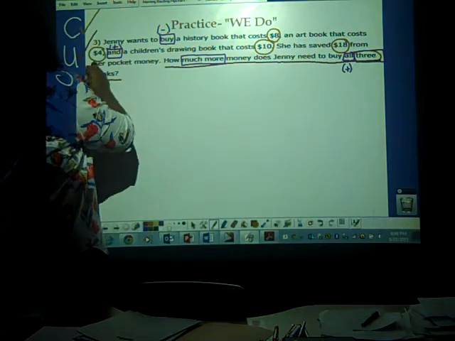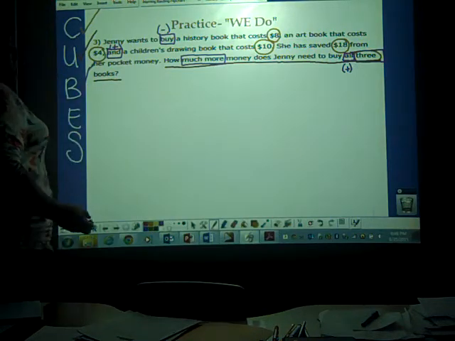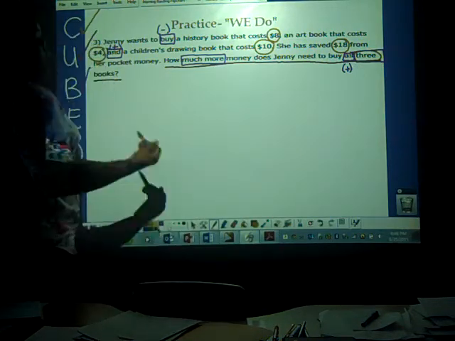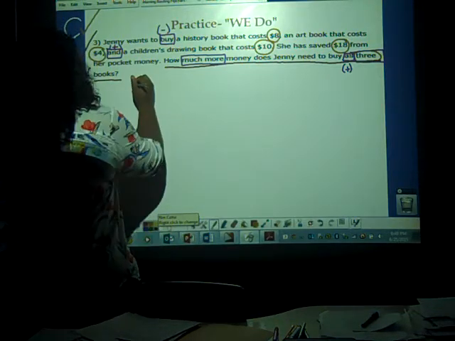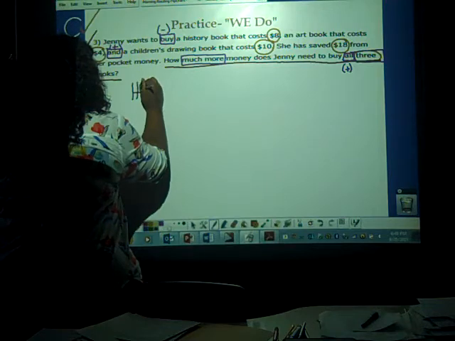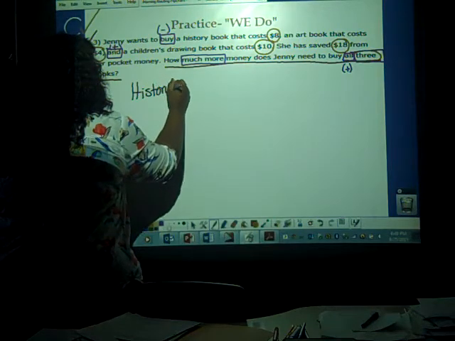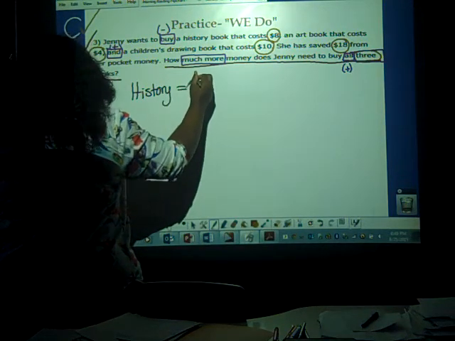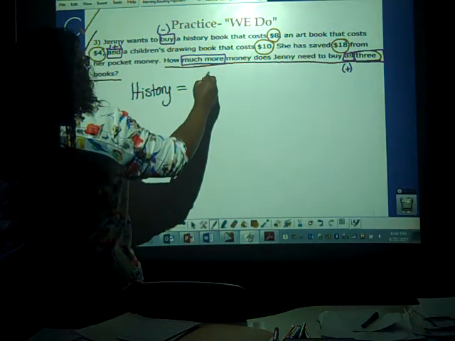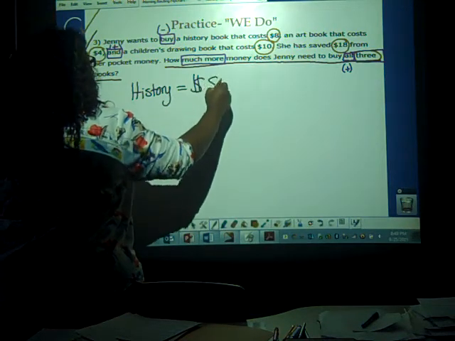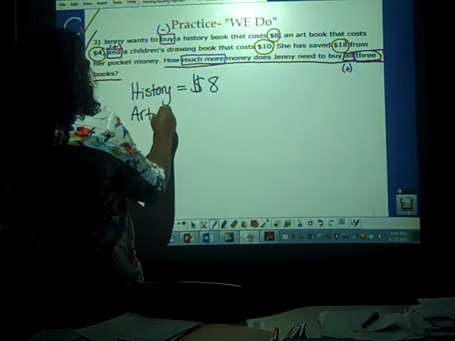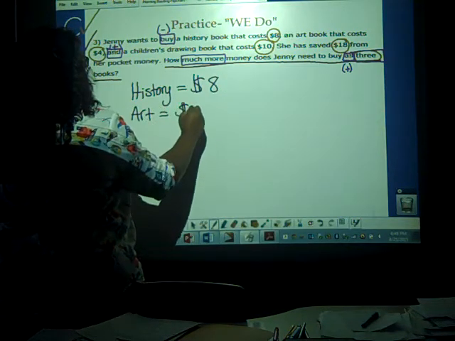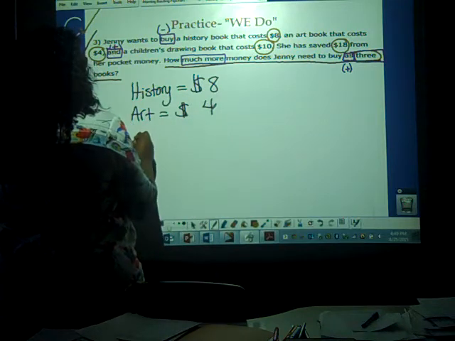Now let's go ahead and evaluate what we're working with. This is what I'm going to do, me personally. All right. The history book costs $8. The art book costs $4.